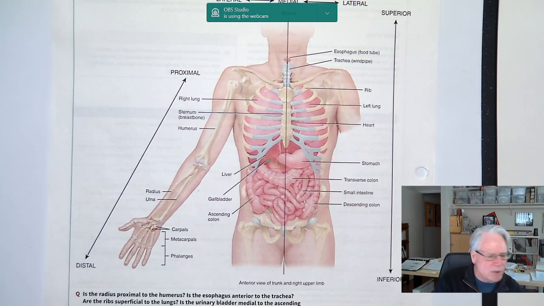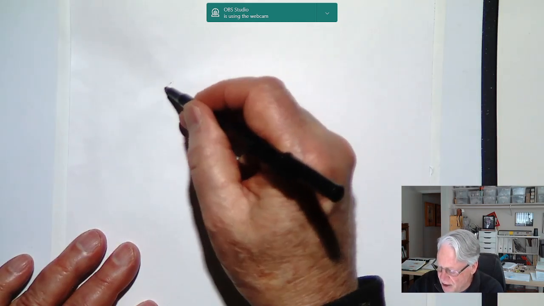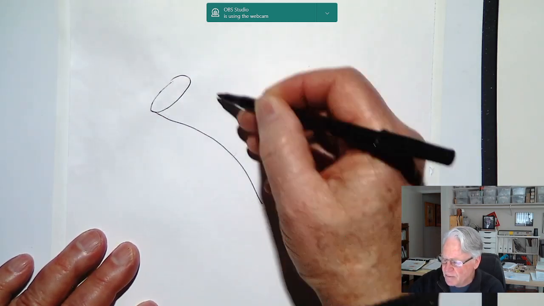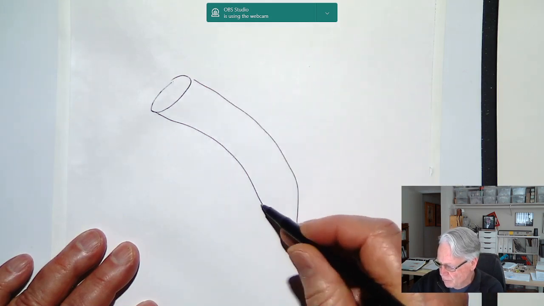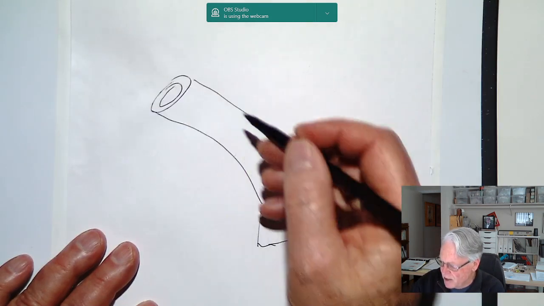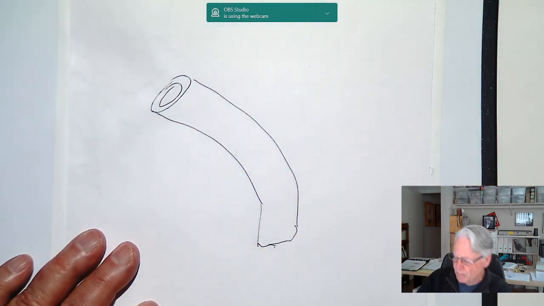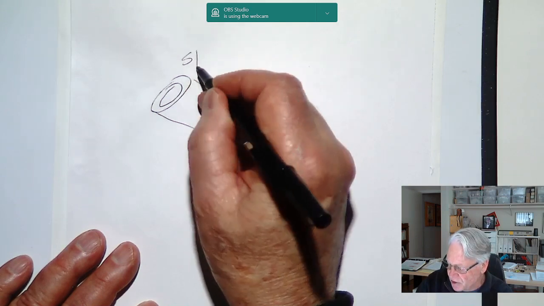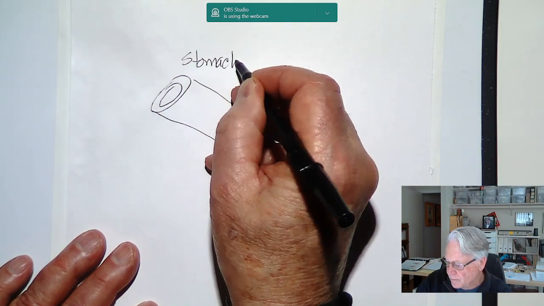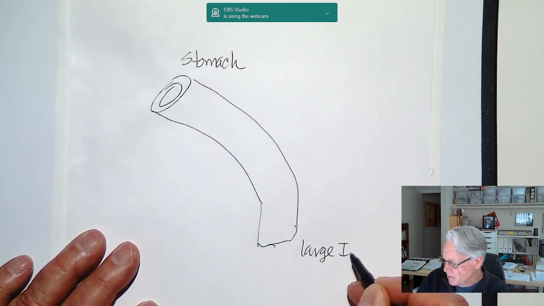Now there's another way in which proximal and distal gets used. And here, we want to look at a tube. And there are plenty of tubes in the human body. We have a beginning and we have an end. So let's say this is the small intestine. This is where it's connected to the stomach. And this is where it's attached to the large intestine.